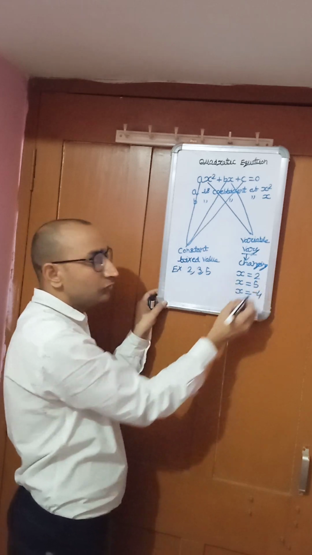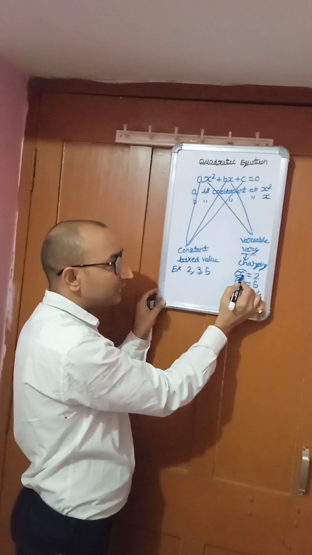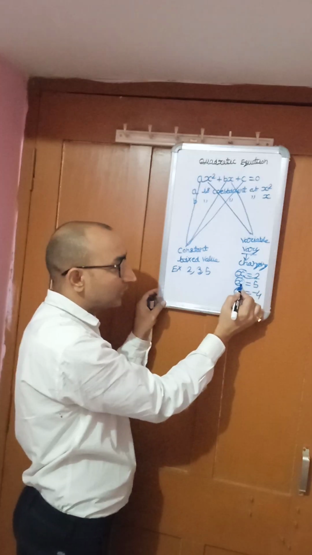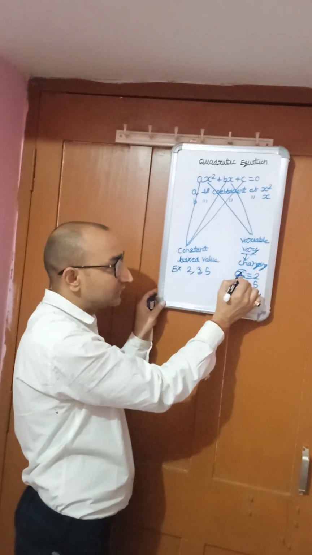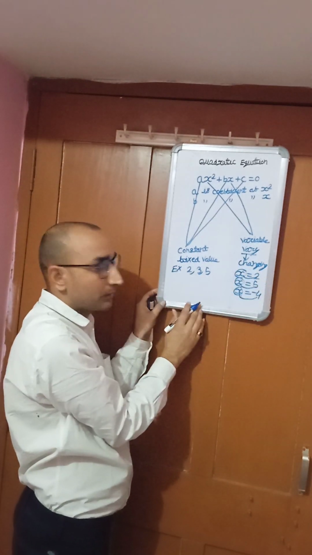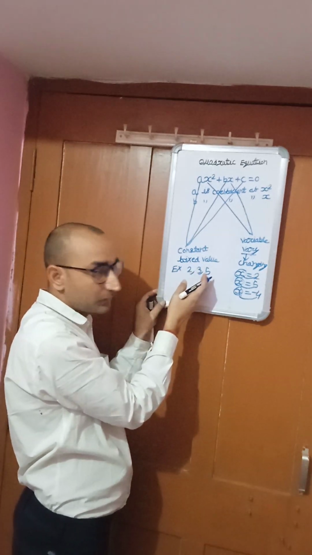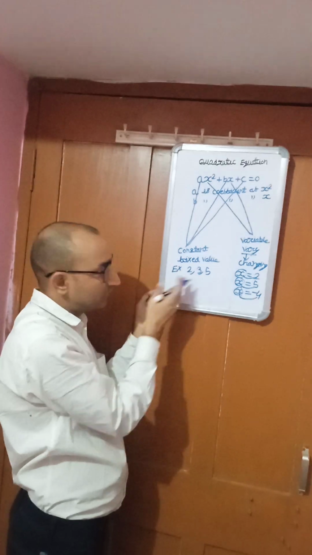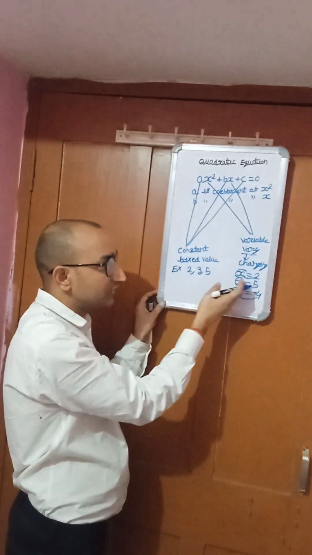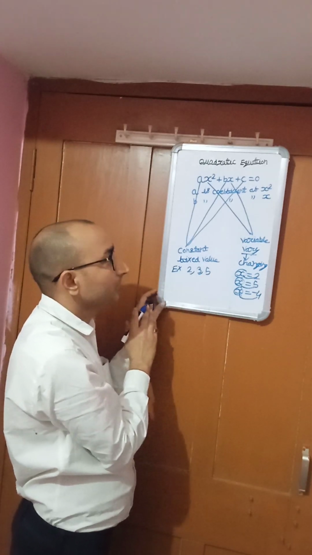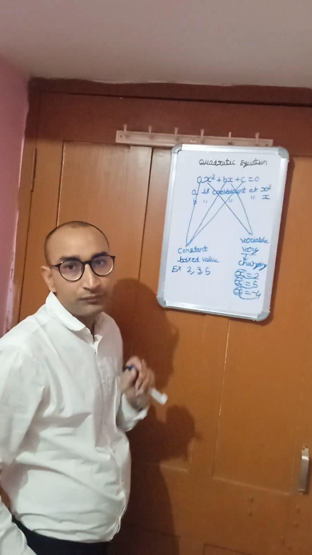The value of x is 2 here, 5 here, minus 4 here, which means the value of x is changing. But the 2, 3, 5 here are constants, they are not changing. So this is the difference between constant and variable.